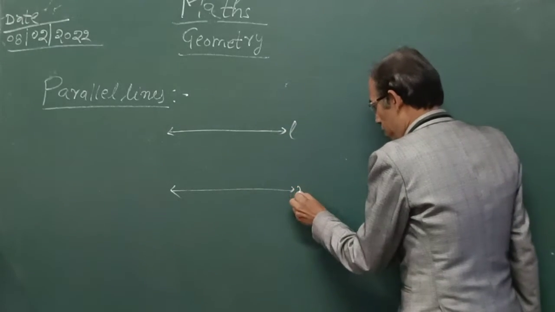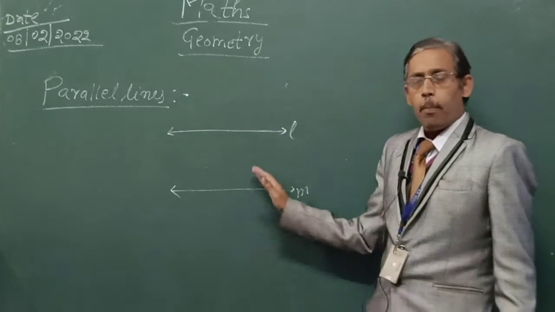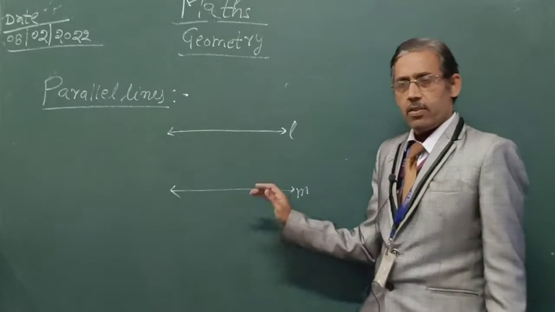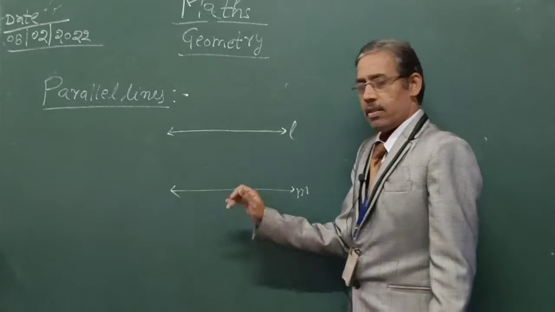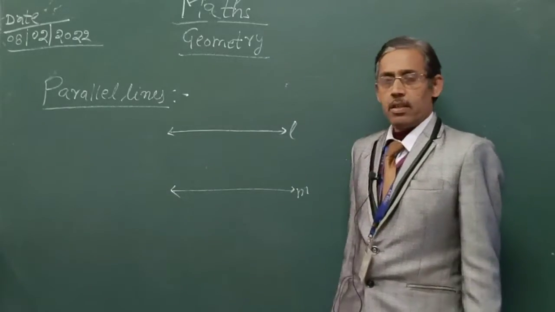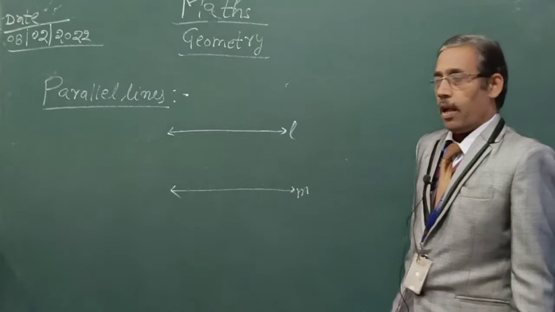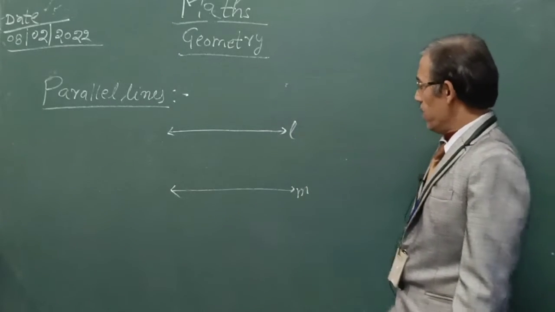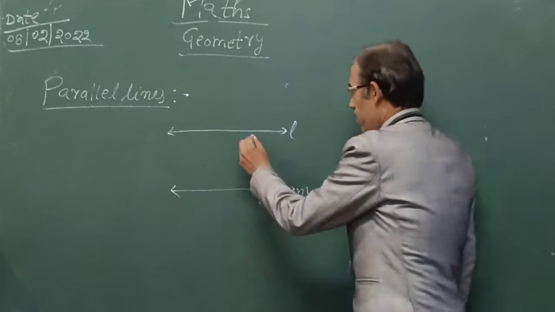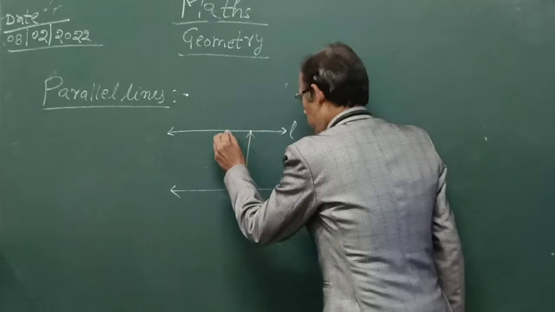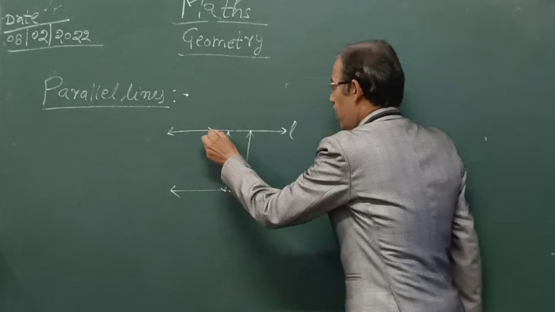If L and M are two co-planar lines, and the distance between these two lines L and M, measured everywhere, remains the same, then these two lines L and M are parallel to each other.